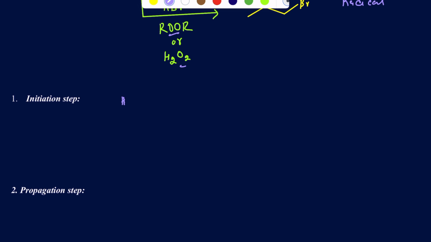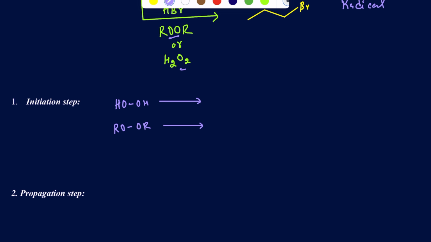So let's say I'm using H2O2 for my example here, so I can write this as something like this. Or if I'm using ROOR, I can show it like this. So I'm going to have a homolytic breaking of the bond here, where when this bond breaks in the middle, it's going to have one electron going to one oxygen and another electron going to the other oxygen, something like that.